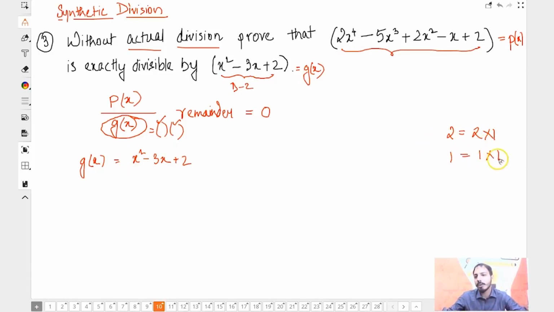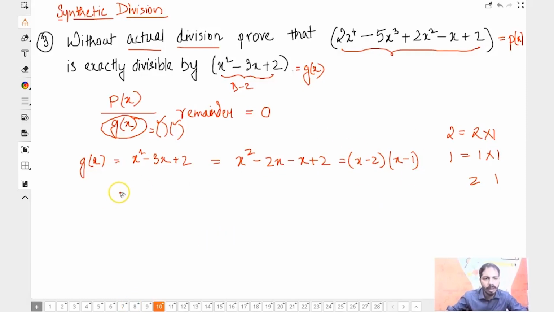Now 2 into 1 is 2 and 1 into 1 is 1, and if we add 2 and 1 we get minus 3. So we can write this as x squared minus 2x minus x plus 2. Now here we can take x minus 2 common, and then we have minus 1 common here and we will get x minus 1.